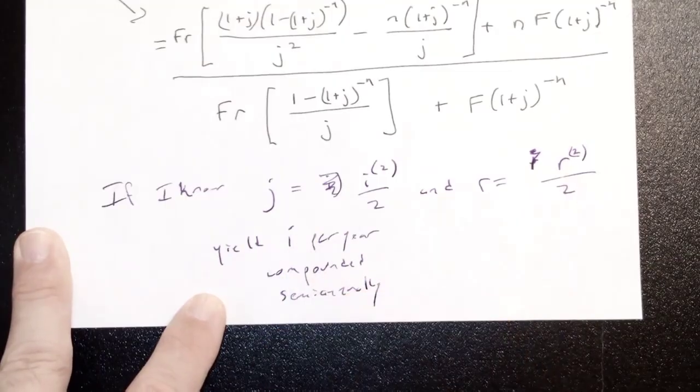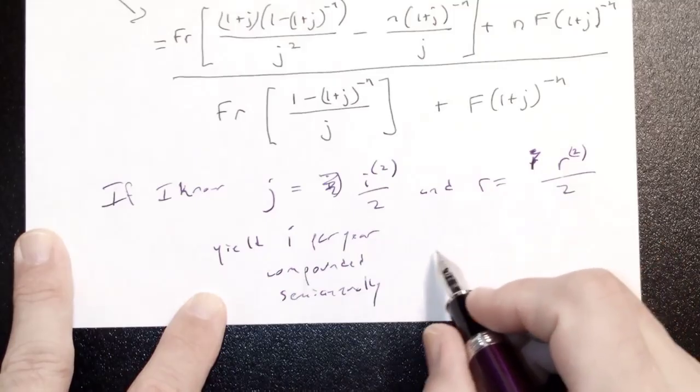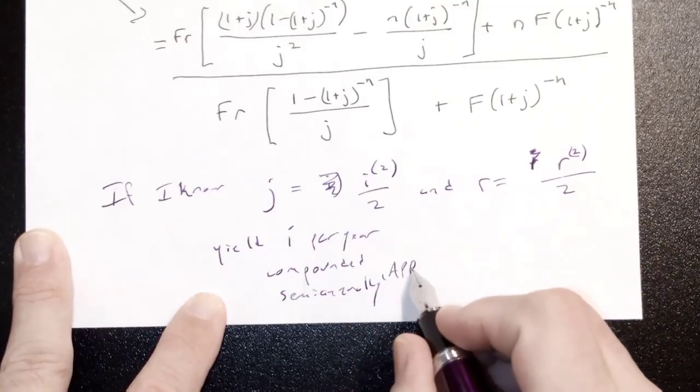Sorry, i2 per year, right? No, i percent a year. And r is the same thing for the coupon rate. So this becomes an APR.